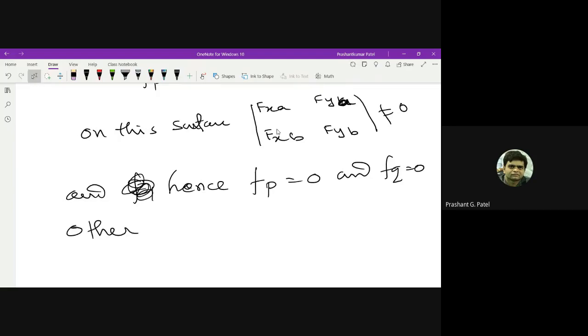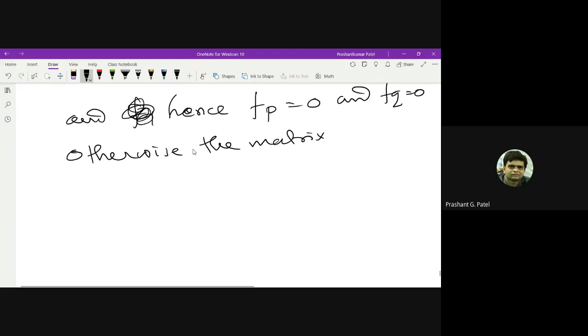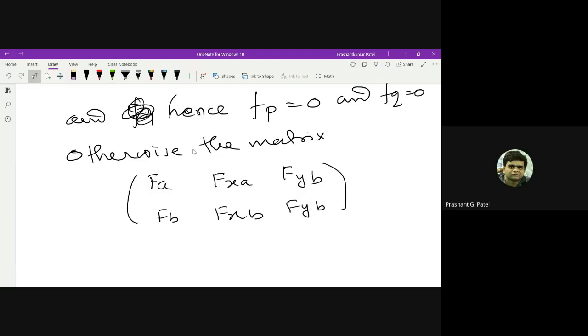Otherwise, what will happen if this is 0? Just recall that matrix which we have written earlier, that is Fa, Fb, Fxa, Fya, Fxb, Fyb. Then this matrix will not have rank 2.